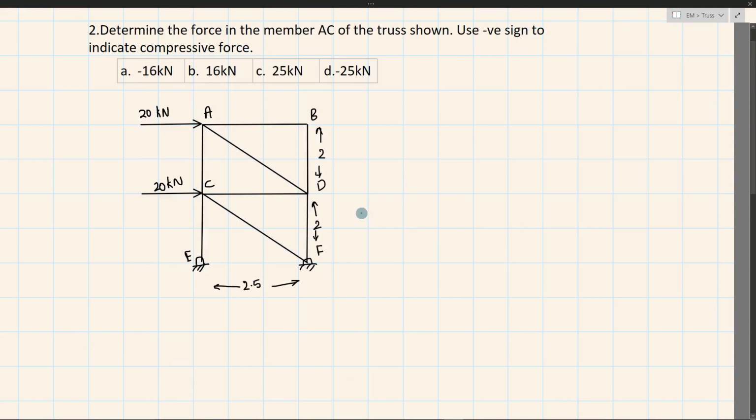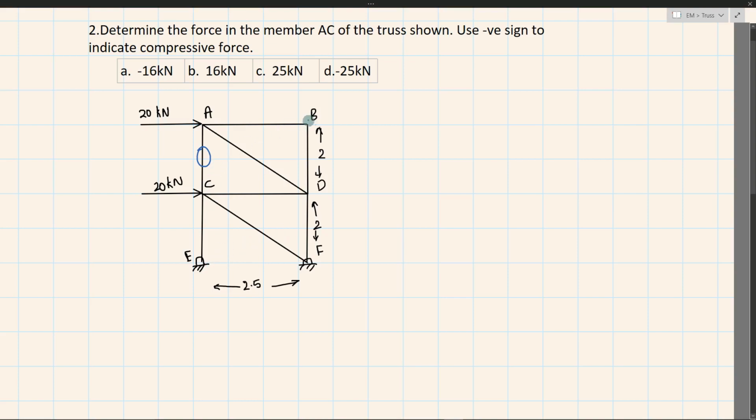Okay, so the second question is determine the force in the member AC of the truss given. Use the negative sign to indicate the compressive force. So what we have to find is this force. To do that, again we can take the reactive forces and go on solving, but that will be a very lengthy procedure. Instead, we'll have to find a joint where we have only 3 or less forces, right?